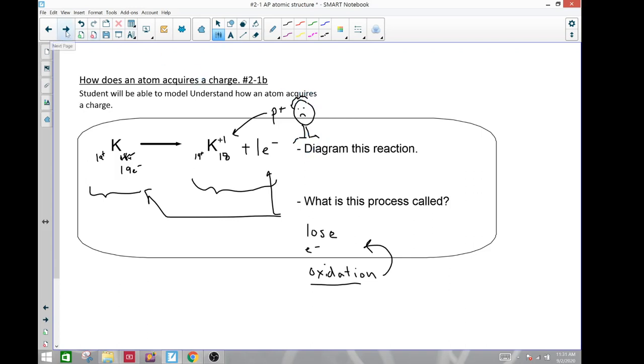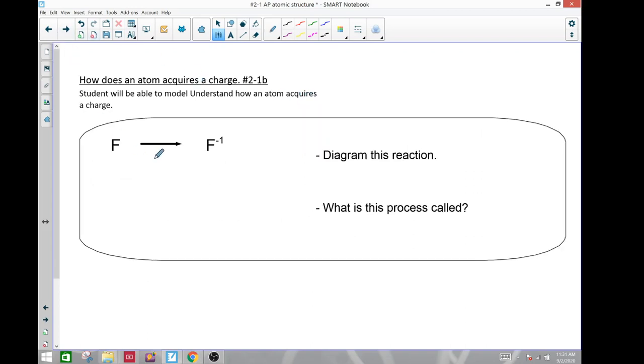All right, next. What about a non-metal? So in this case again, fluorine has 9 protons, and because it's still fluorine, it still has 9 protons. It's neutral here, so it's got 9 electrons. In this case, we gained 1 here, up to 10 electrons.